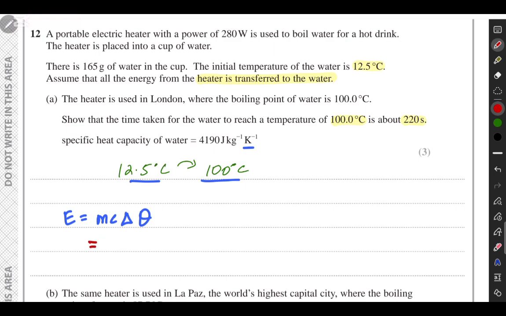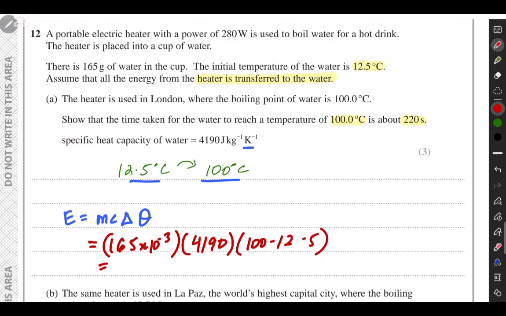Anyway, so we can put the mass, that's the total mass of water present in the cup, 165 times 10 to the power of minus 3, times 4190, times 100 minus 12.5. That's going to give me 60,493 joules. Now we know the power of the heater is equal to work done divided by time.